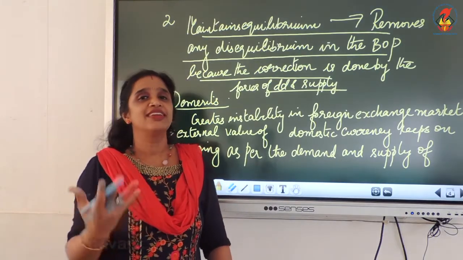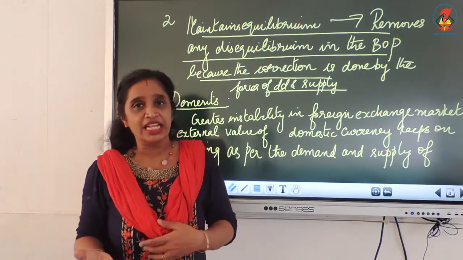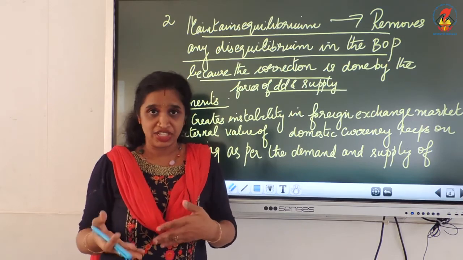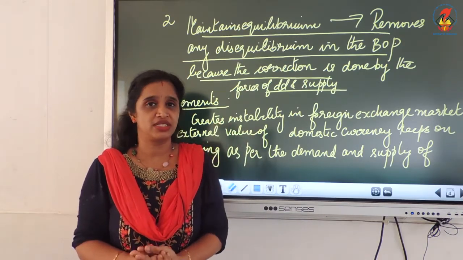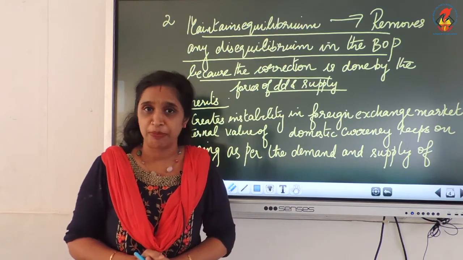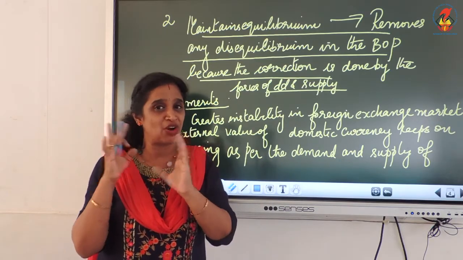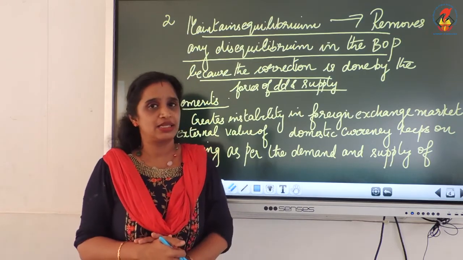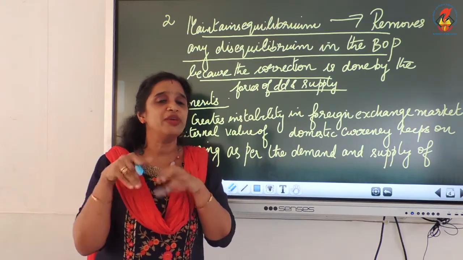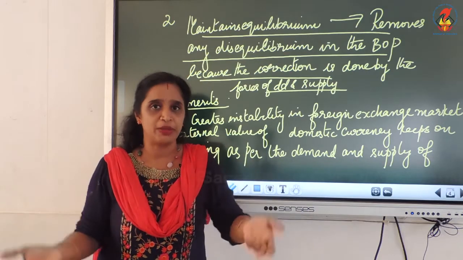Now, we have already learned that any change in the exchange rate will be automatically brought back to the equilibrium stage with the help of demand and supply. You have learned similar concepts in microeconomics also. The forces of demand and supply can bring back the equilibrium state if there is any disequilibrium.